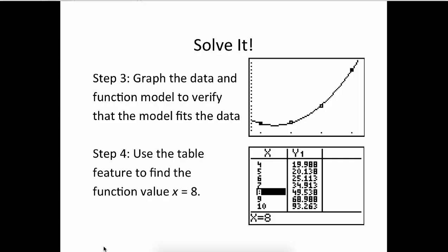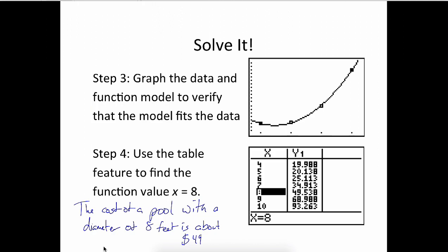So when x equals 8, we're going to say the cost of a pool with a diameter of 8 feet is, and since this is not perfect, we're going to say about $49.54. I was not paying attention to the last decimal place.